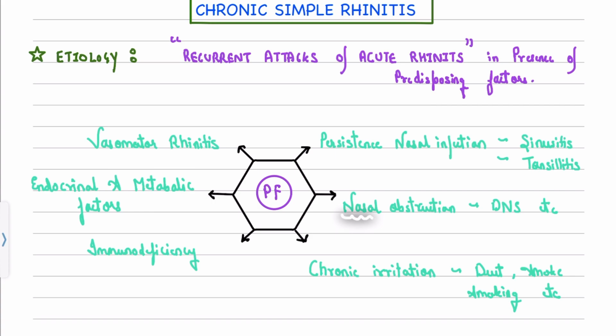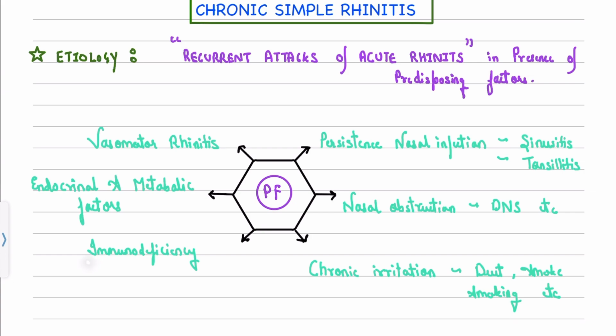Next, we have nasal obstruction, specifically long-term nasal obstruction, which is seen in cases of deviated nasal septum and other causes. Then we have chronic irritation, any working or environmental condition. If the patient has to work in dust, smoke, or is an avid smoker, then it increases the chance of developing chronic simple rhinitis.